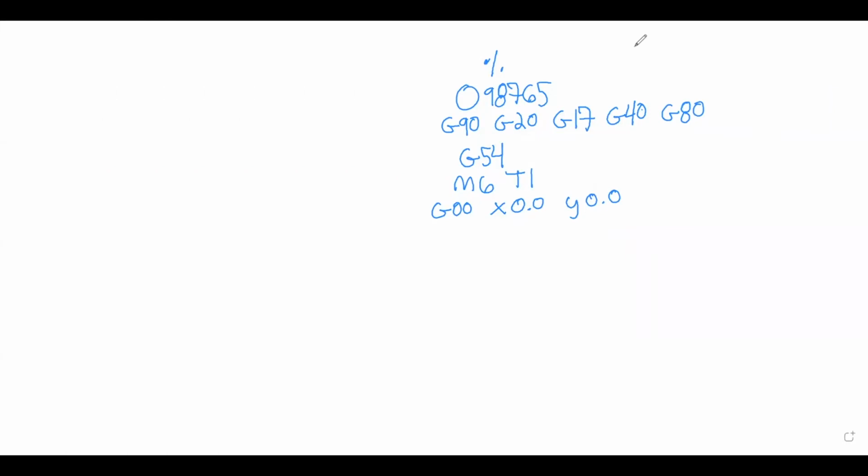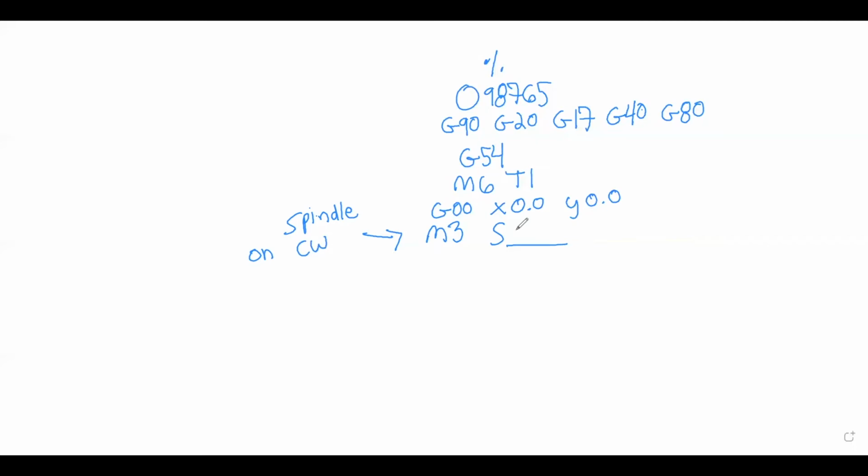So we have called up tool 1 and we have moved to the location. Next thing we're going to do is turn on our spindle. This command is going to be M3, and then with an S and whatever speed you want the spindle to go. So M3 is spindle on clockwise, and whatever speed we want.